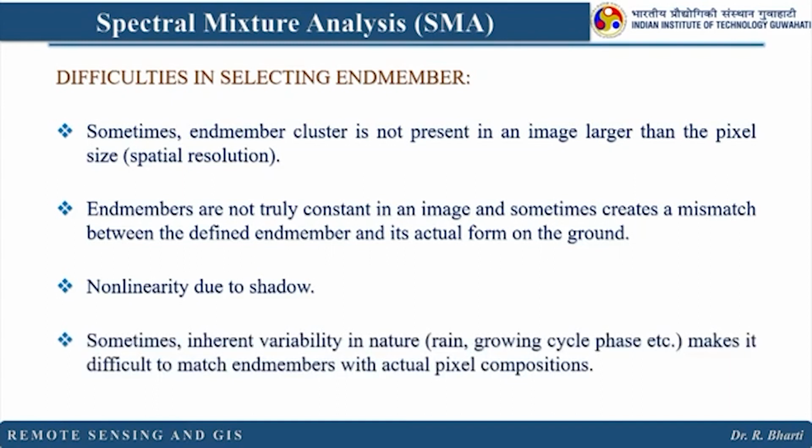Sometimes inherent variability in nature like rain, growing cycle phase, etc. makes it difficult to match the end member with the actual pixel composition. So sometimes you end up doing qualitative analysis instead of quantitative analysis. These are a few limitations which we have to face in hyperspectral remote sensing.